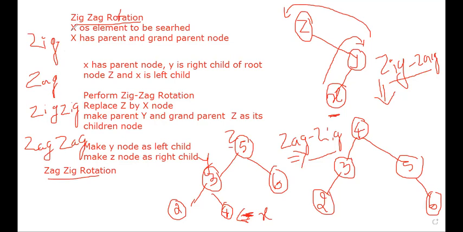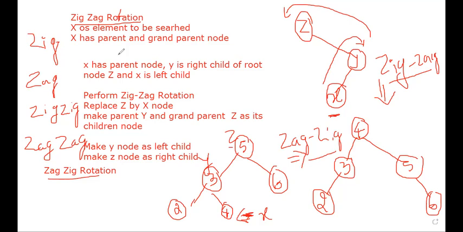With this we can construct the splay tree. The splay tree means ensuring that the element you want to search or insert is at the root position. How do you get this element to the root position? By using different moves, or different rotations. What are the different rotations?